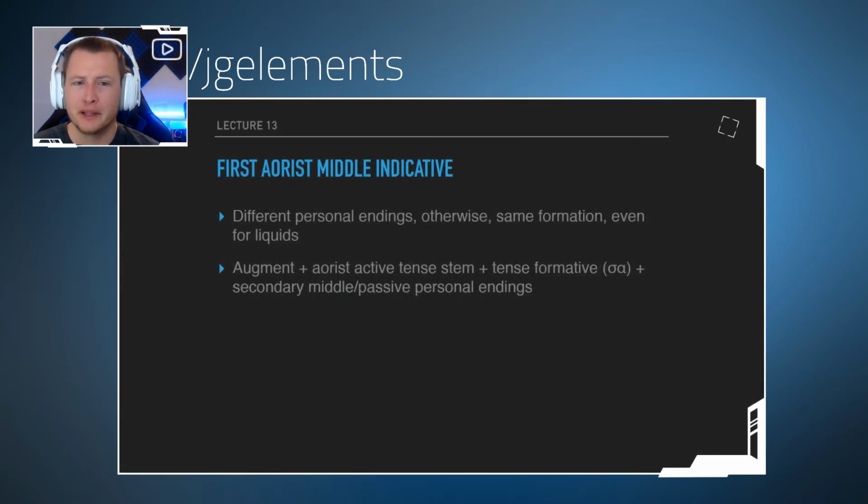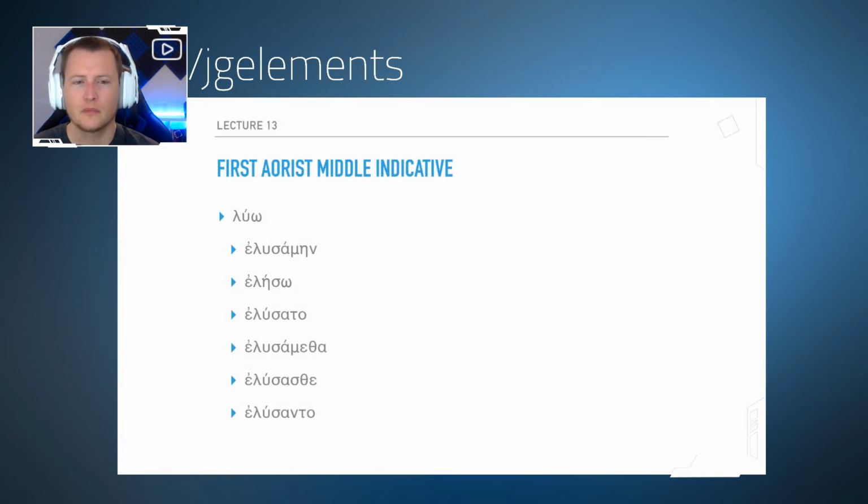So first aorist middle indicative, they use different personal endings, but otherwise it's the same formation, even for liquids. Augment, aorist active tense stem, in this case the present, because it's first, tense formative, sigma alpha, and then the secondary middle passive personal endings. So look at luo.